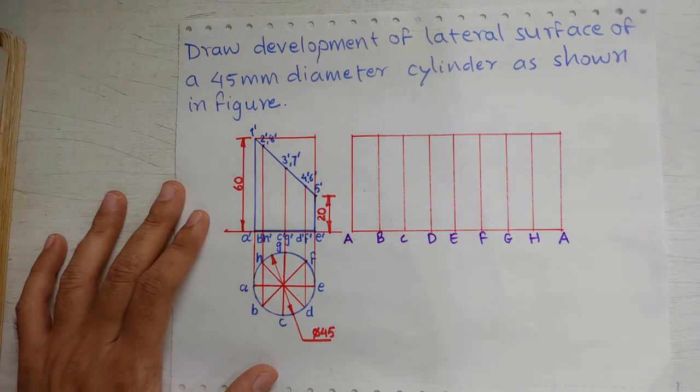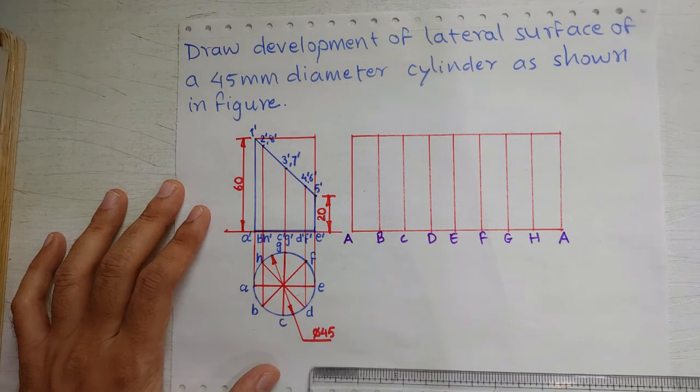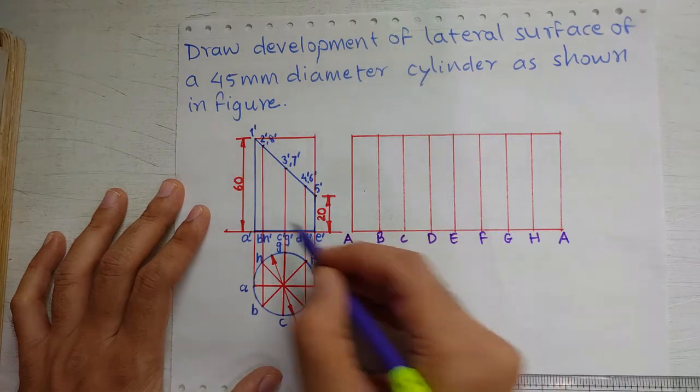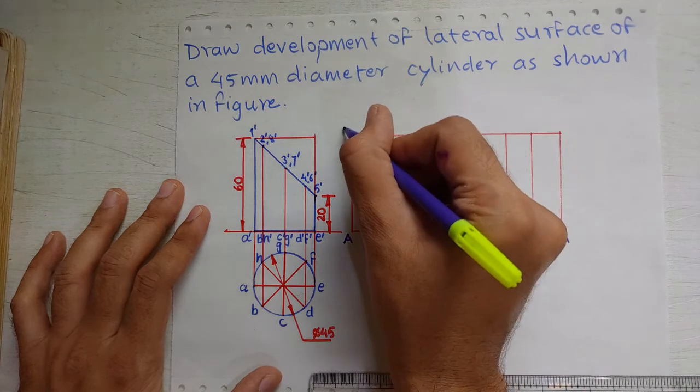Again I will use thin lines. Point number 1 prime is on generator A, and that has the same height as the cylinder, so I will say this is point 1.